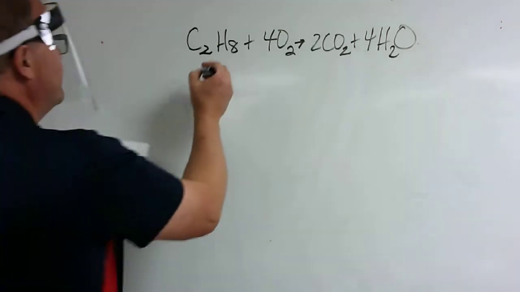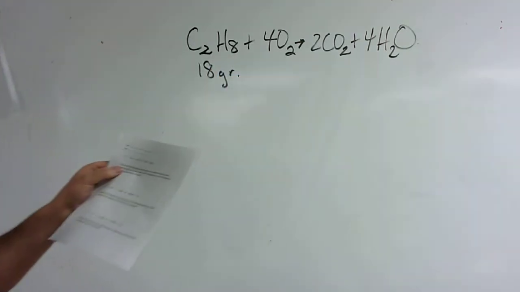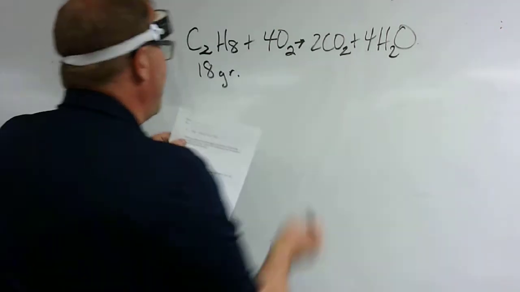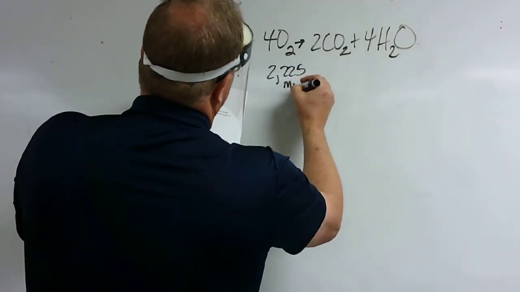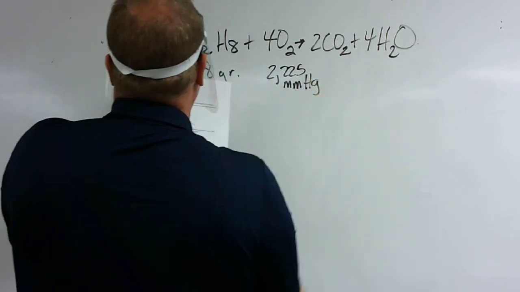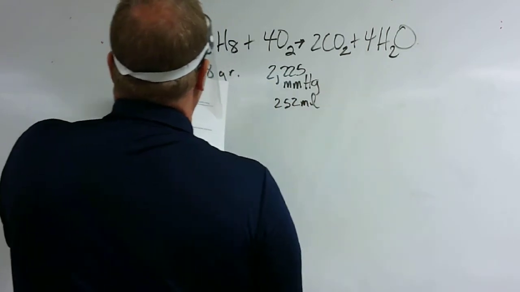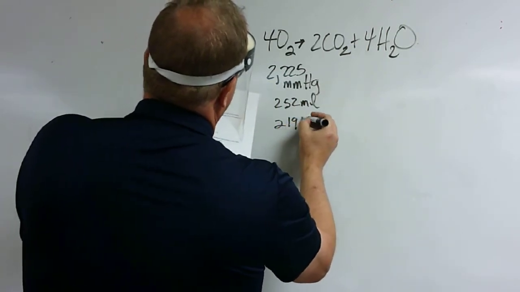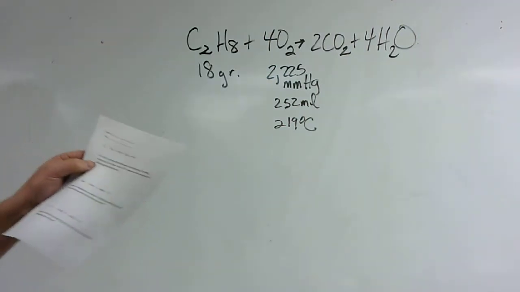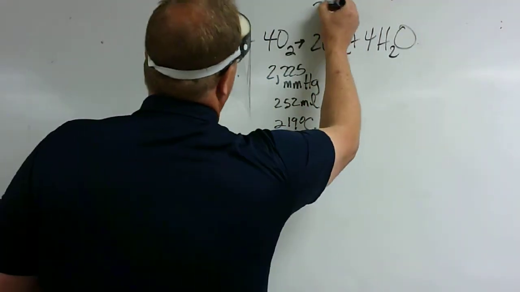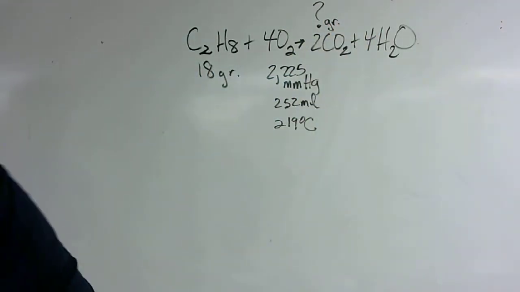Now I have 18 grams of this, and then I have a pressure of my oxygen as 2,225 mmHg, and 252 milliliters of space, and 219 degrees Celsius for temperature. And it says how many grams of CO2 are going to be produced. So that's the setup.